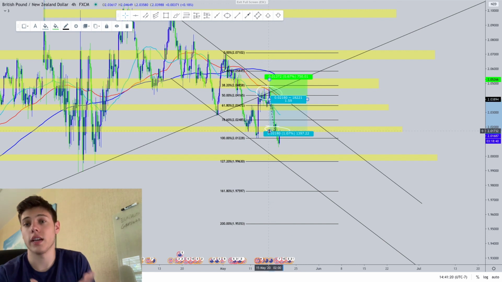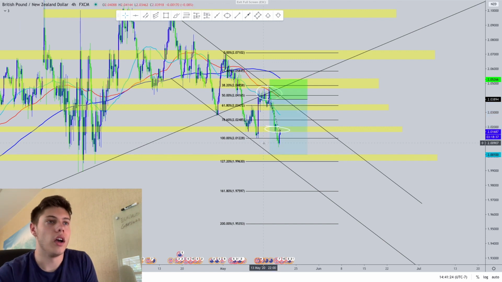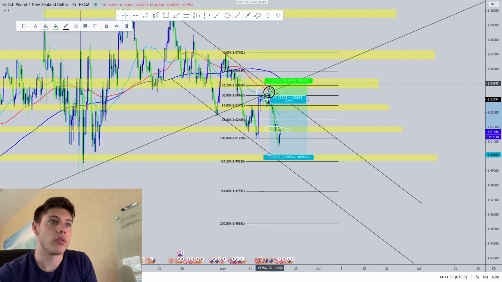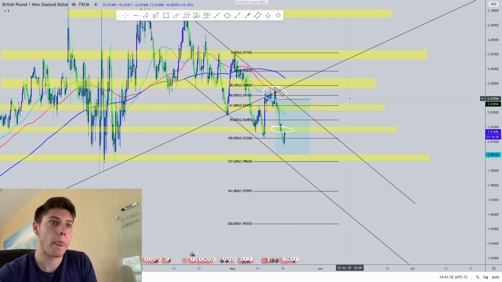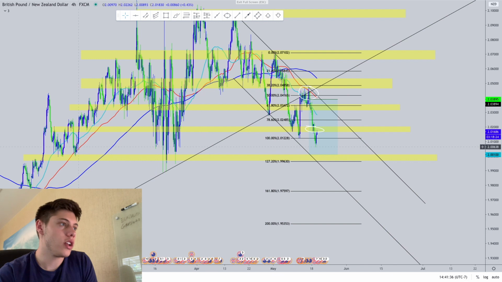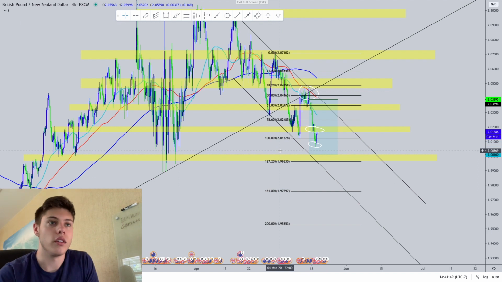So I felt confident taking some partials there. I think it was maybe 30-40%. And then I moved my stop to break even at that point. And then as it came down here, pretty close to our take profit area, I took another maybe 30-40% off. So most of the trade was off.